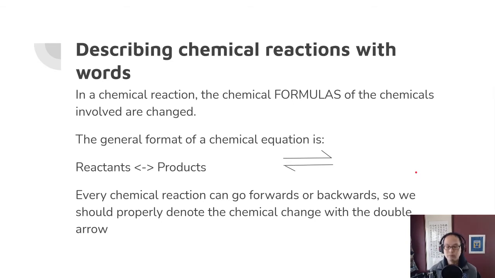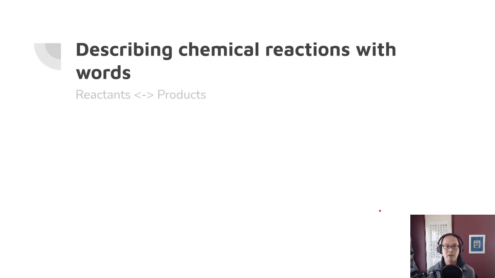However, all reactions can go forwards or backwards. It may be very, very difficult to make it go backwards, but it could theoretically go backwards. So we're going to start using the double arrow to indicate that. Try to get used to that, and get in the practice of writing the two arrows instead of the one arrow.